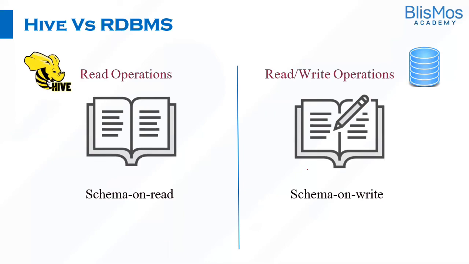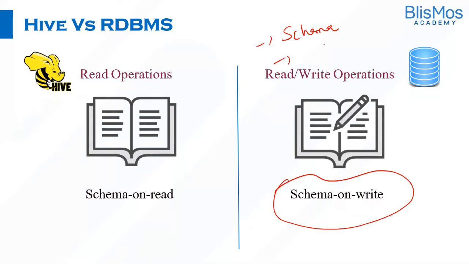On the other hand, in case of RDBMS, it is schema on write. What does it mean? If you have worked on any RDBMS systems, you have to create the schema first. The schema would have keys, primary key, foreign key, and many constraints.